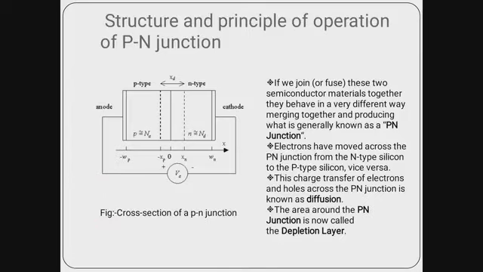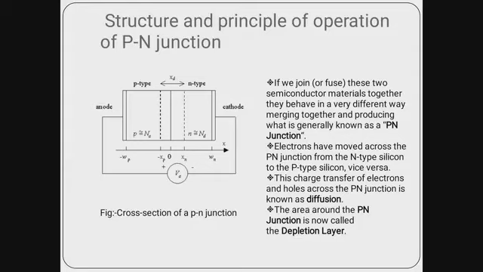First, I want to discuss the basic structure and the operating principle of PN diode. So, in this diagram, we have seen that if you want to form a PN diode, you have to choose two kinds of material.